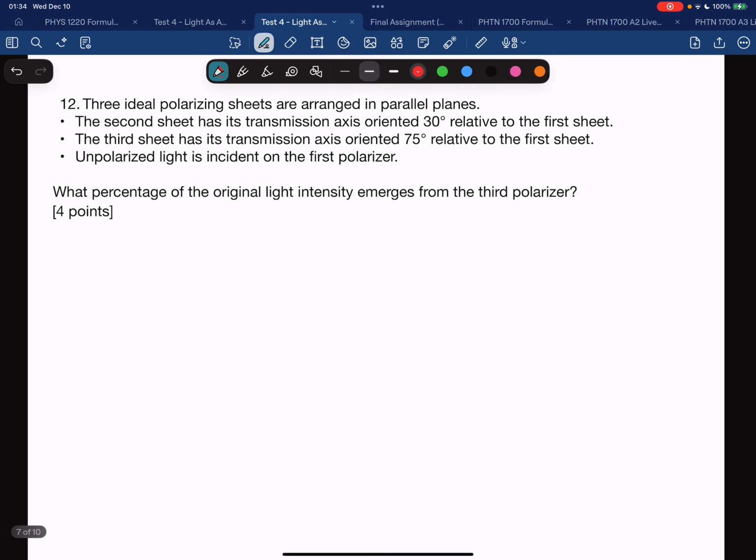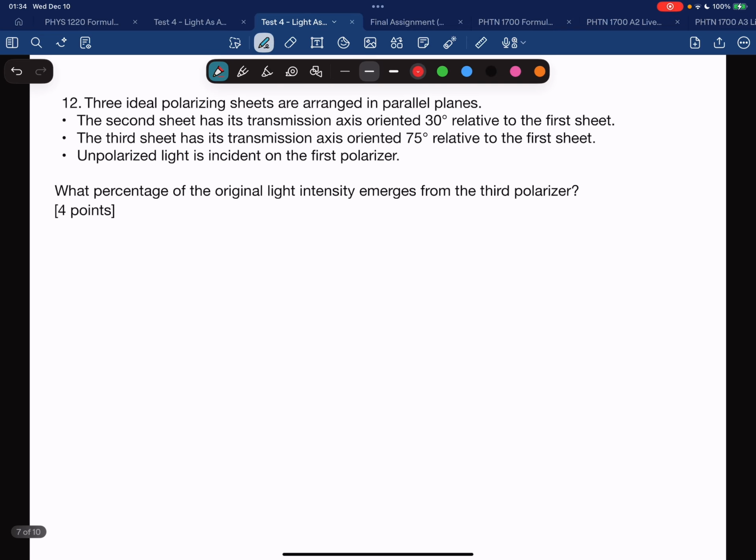Number 12, 3 ideal polarizing sheets are arranged in parallel planes. The second sheet has its transmission axis oriented 30 degrees relative to the first sheet. The third sheet has its transmission axis oriented 75 degrees relative to the first sheet. Both of these are relative to the first, and unpolarized light is incident on the first polarizer.